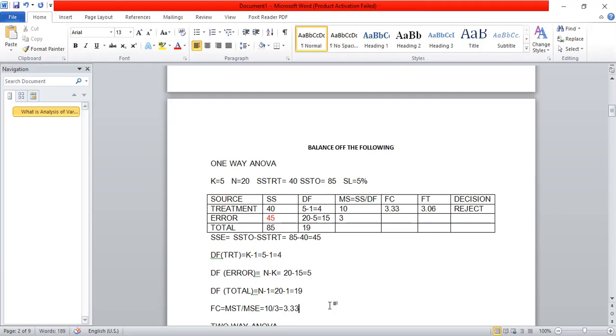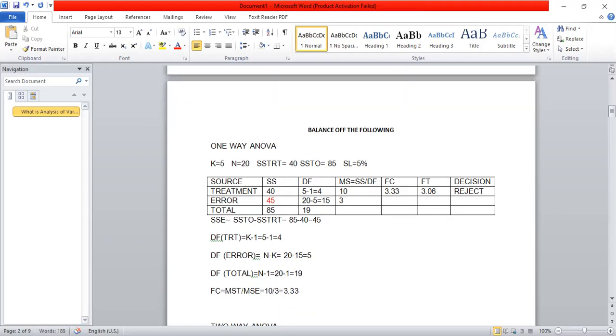Then finally, we went to the table. How do we find the FT at 5%? We use the coordinates of the error and the coordinates of the what? Of the treatment itself. So 4, 15, which gave us the reading as follows.